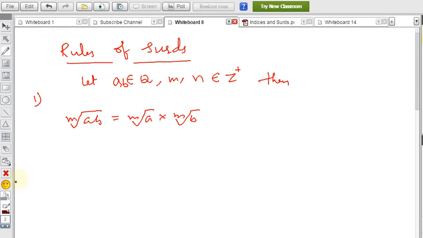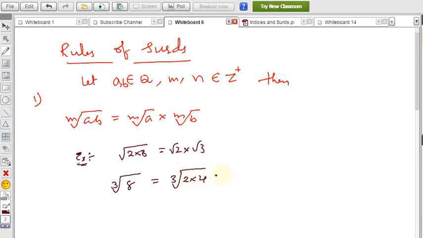For example, root of 2 into 3, we can split as root 2 into root 3. Similarly, cube root of 8 I can write as 2 into 4, so cube root of 2 into cube root of 4. So we can split the root for every term in the base.